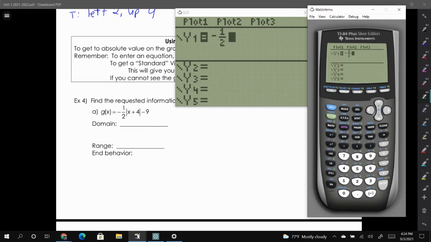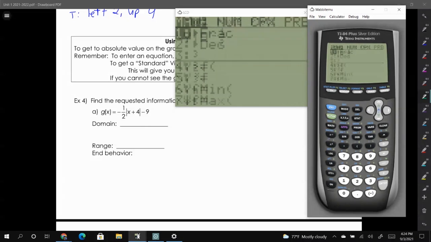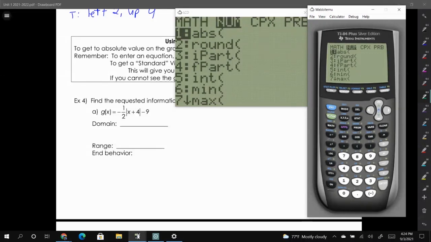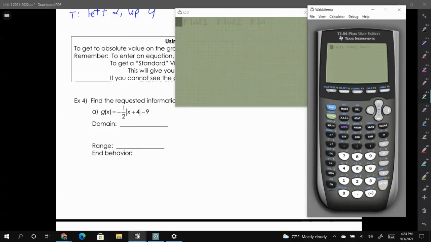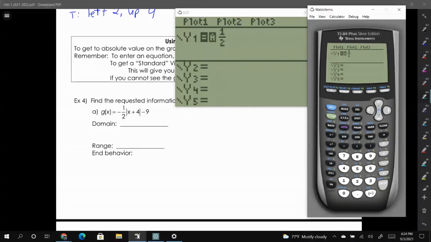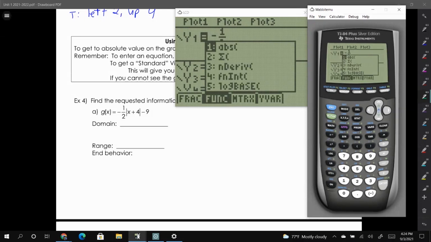Make sure you press the right button. And then to get the absolute value bars, press Math. Go over to NUM and see the first one is absolute value. There is another way to get there. Yeah, if we press the alpha key and the window button, it says abs.